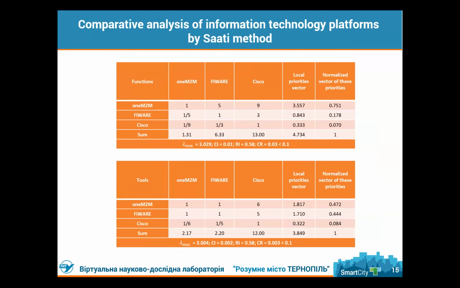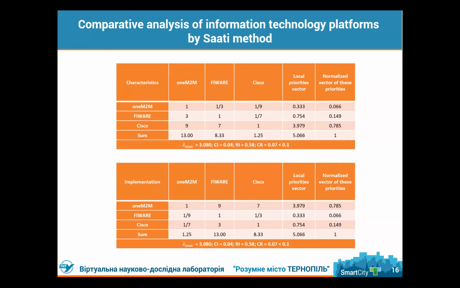Normalized matrices of pairwise comparisons of alternatives with regard to function criterion and tools criterion are presented on the current slide. As you can see, the winner by functions criterion is oneM2M platform, and the winner by the tools criterion is oneM2M platform 2.